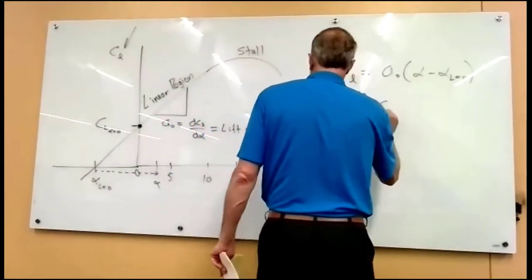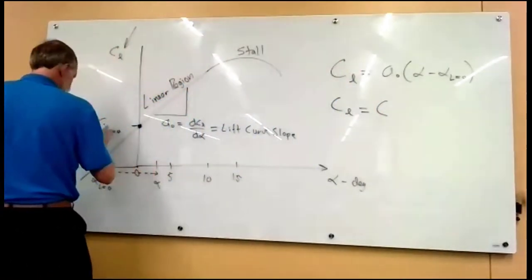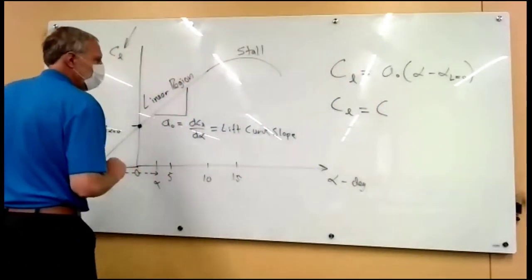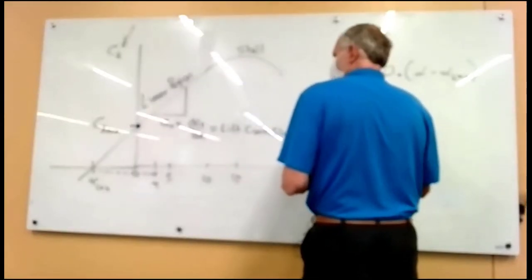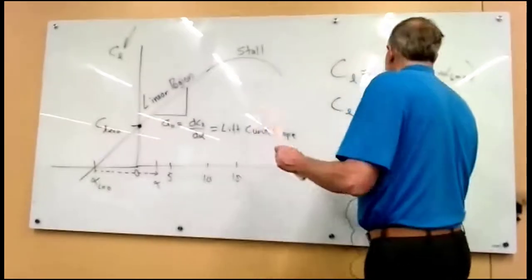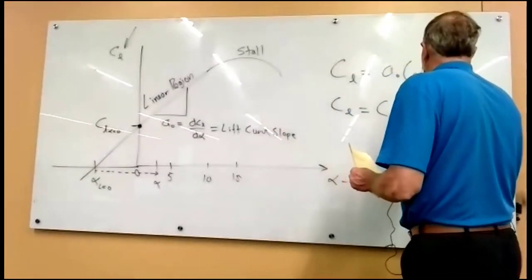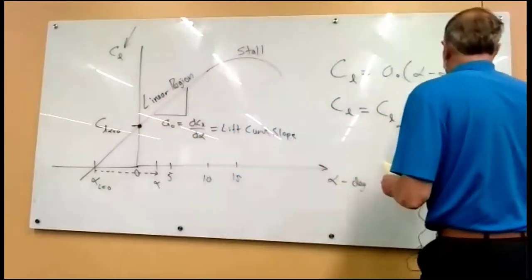where we say the lift is the lift at that intercept. Oh, this should be lowercase l, because we're talking about an airfoil. So it's that y-intercept plus the extra rise up with the slope after that.